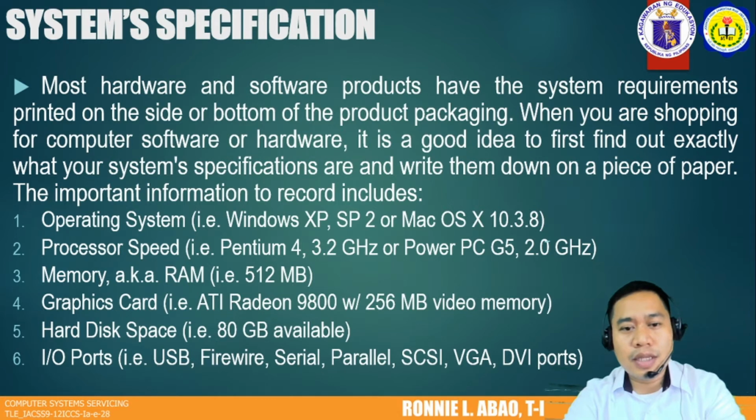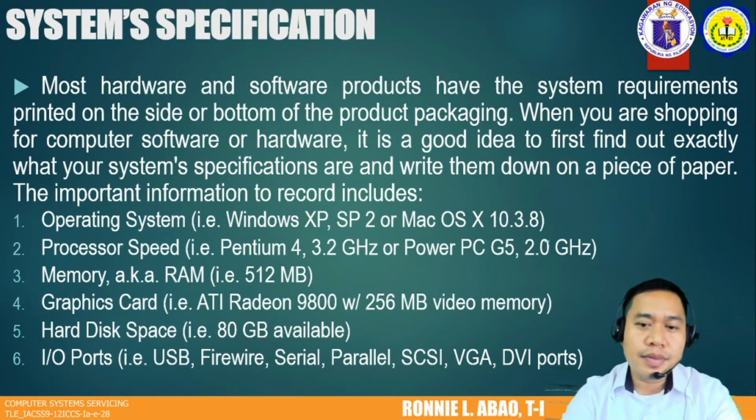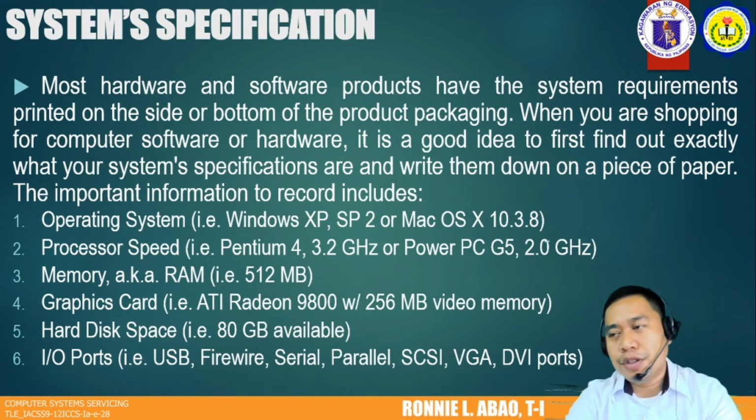Okay? The important information to record includes number 1, operating system. Yan talaga ang number 1, pinaka-importante. Example niyan is Windows XP, Mac OS 10.3.8, Windows 7, Windows 8, Windows 10.